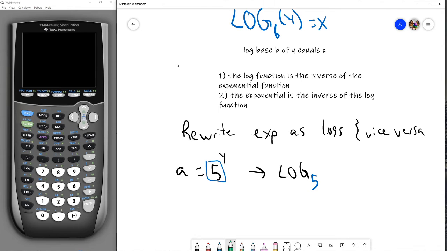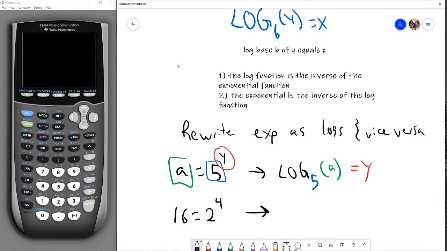Now the output here is now the input, so that goes inside our log, and then our original input is now our output. So that'll be one way of rewriting. Another example would be if we have, say, 16 is equal to 2 to the 4th. That would be the same as log base 2 of 16 is equal to 4.